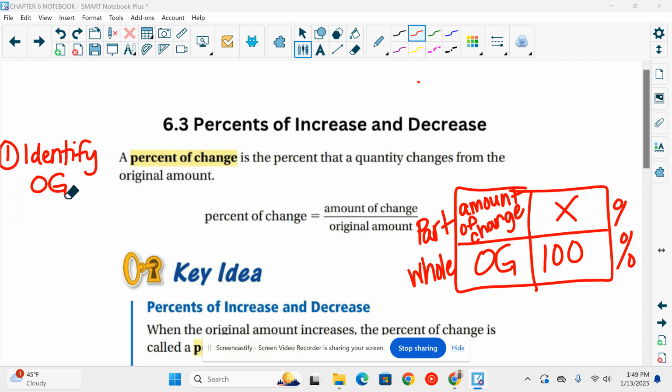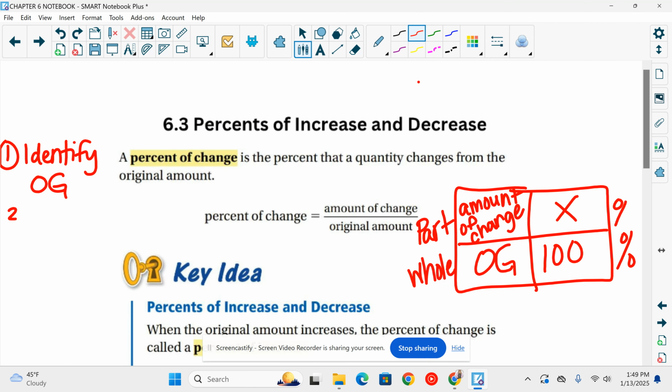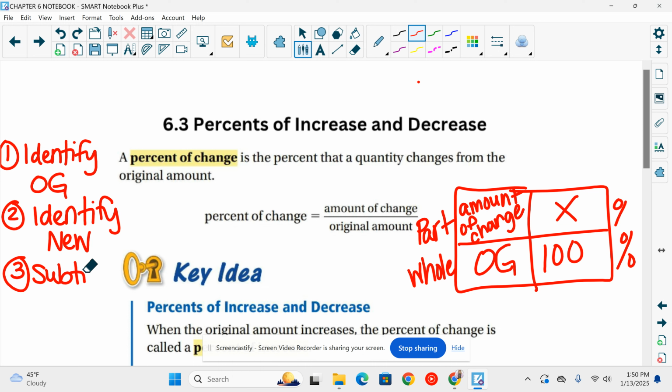Step 2 is to identify the new amount, or your finish line. This is like your range. And how do you find the range? Bri told us we subtract the two. So that's step 3. We're going to subtract the original minus the new.